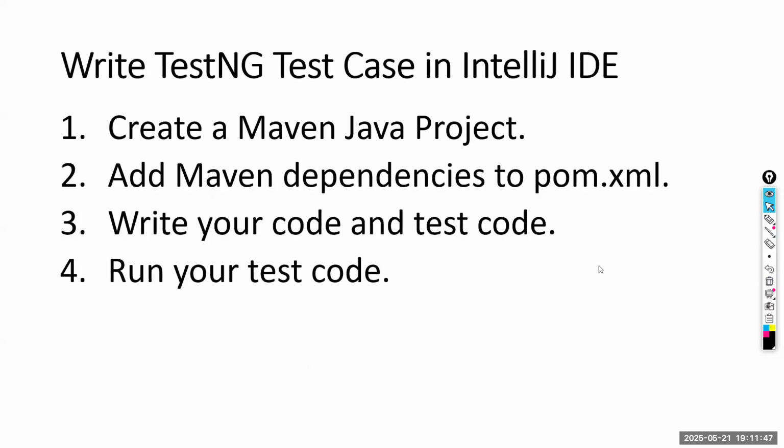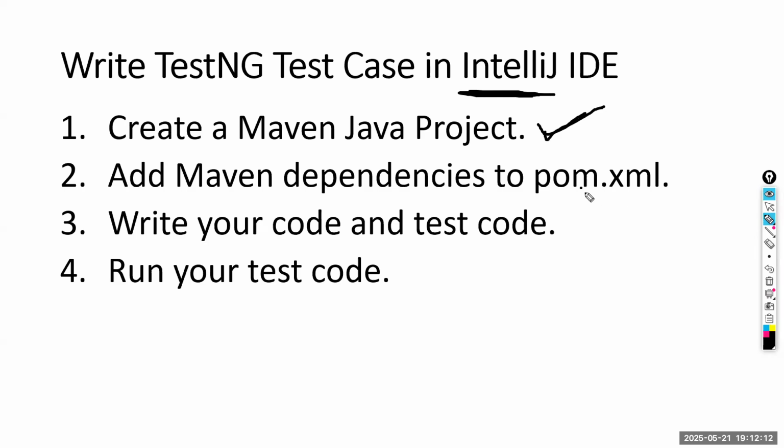Right. So this is what we are going to do, because we are going to do it as a practical scenario. First, we are going to use IntelliJ because it's very easy. First, we are going to create a Maven project using IntelliJ.